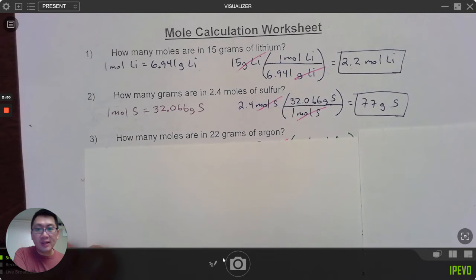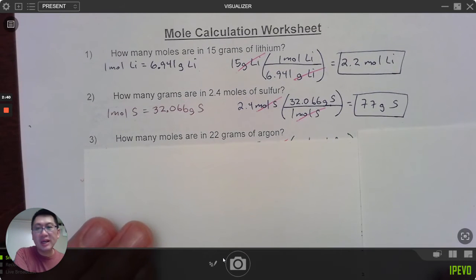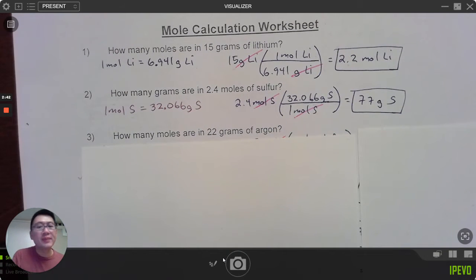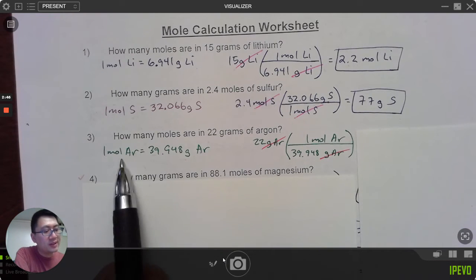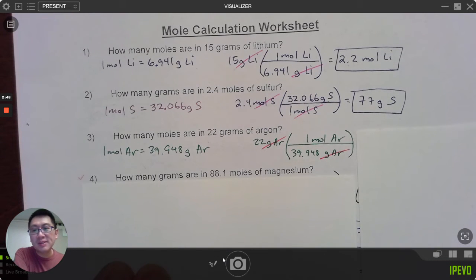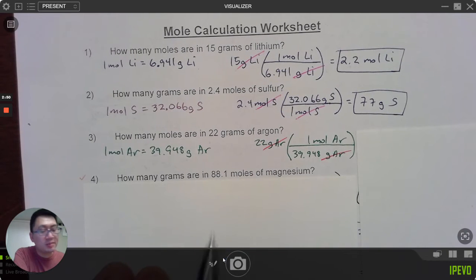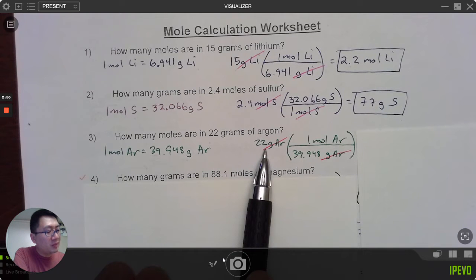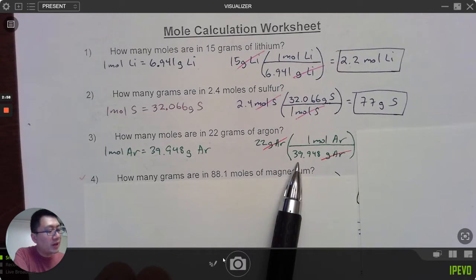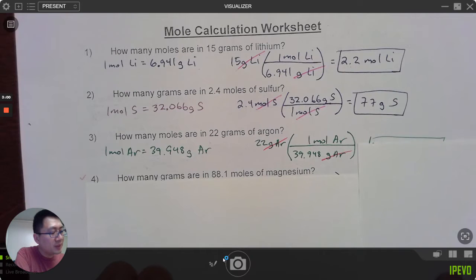Okay, third one, how many moles are in 22 grams of argon? First question, how much does 1 mole of argon weigh? You look on a periodic table, and you should find that 1 mole of argon weighs 39.948 grams. Again, if you looked at some other periodic tables, it might be rounded differently. 22 grams divided by 39.948 grams of argon is 0.55 moles, 2 sig figs.